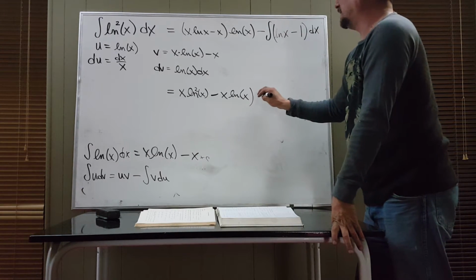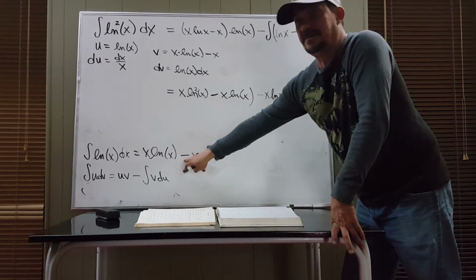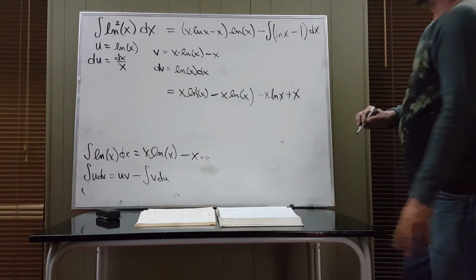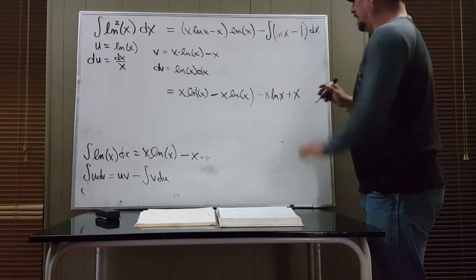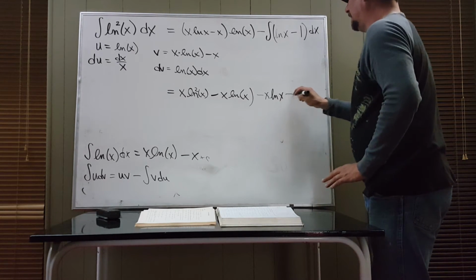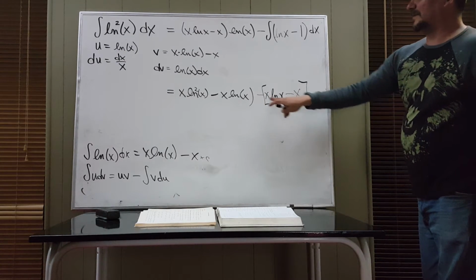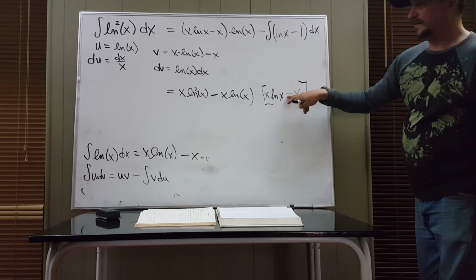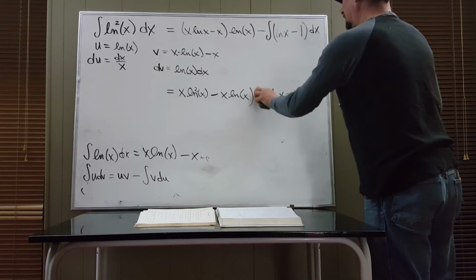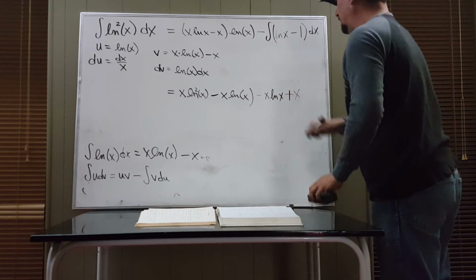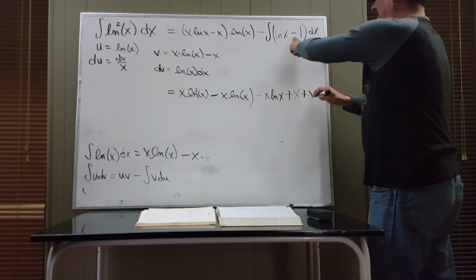But you're subtracting it, so it's minus x times the natural log of x minus a negative is plus x. Okay? Now, because if I did this all in parentheses like this, it would be minus x ln x, minus times a minus is a plus. So this becomes a plus x. Okay, and we still haven't dealt with this 1 yet. Minus a minus is plus x again.